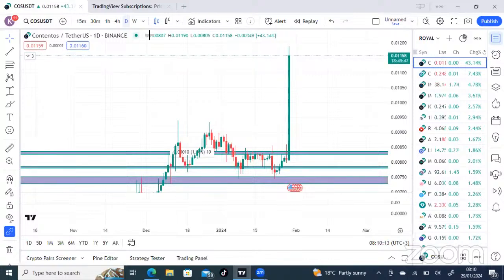How many of you can agree with me that it's very hard to trade this coin? Very hard.